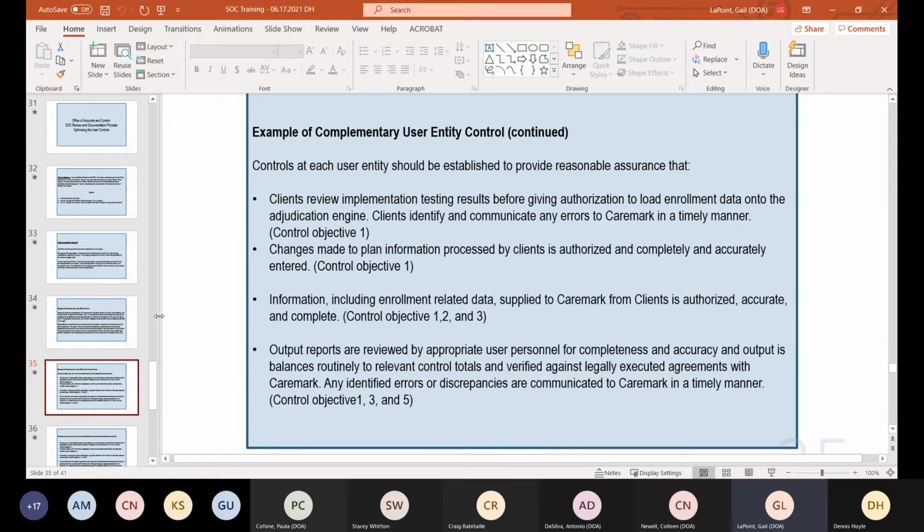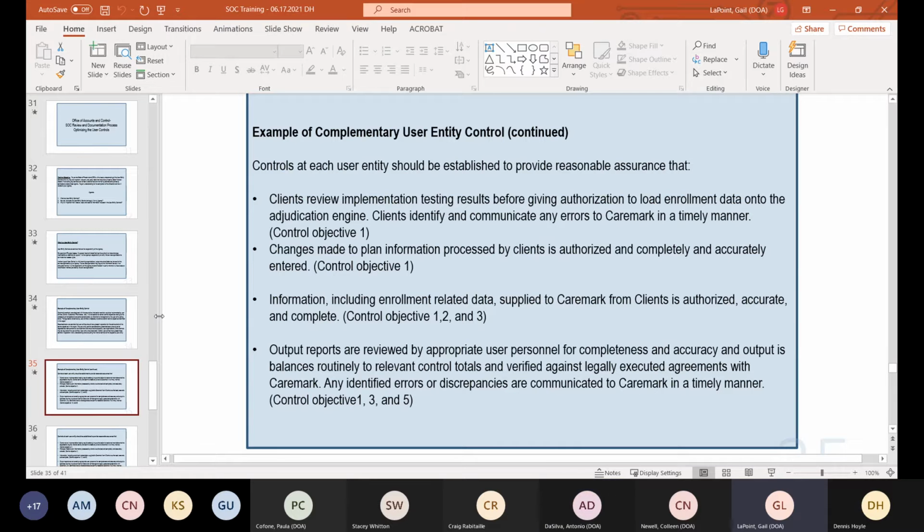So if we have controls that each user entity should establish, they're going to provide reasonable assurance that the client reviews implementation testing results before giving the authorization to load the data into the engine. We have to make sure it's correct. If there's any error, we need to identify and communicate it to Caremark.